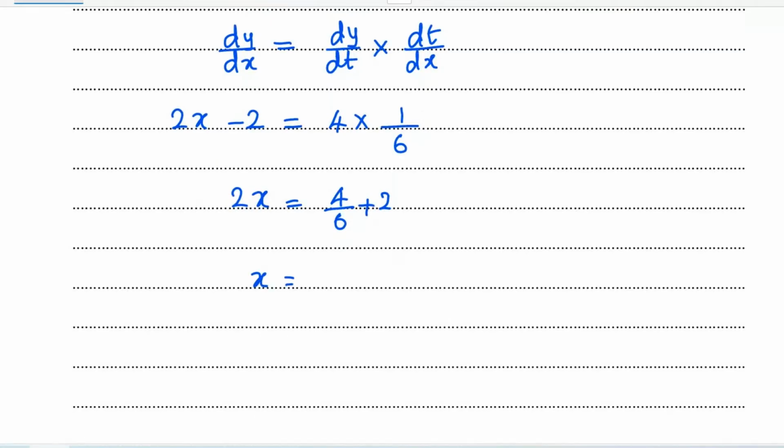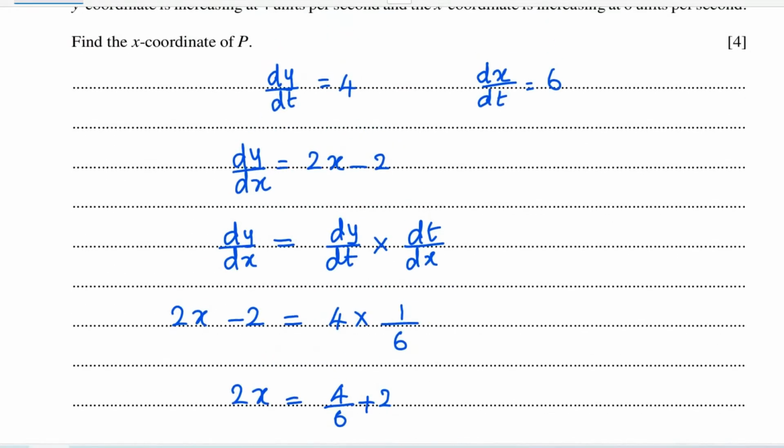So x equal to 1 over 2 multiplied by 4 over 6 plus 2. You will get x value as 4 over 3. So this is the x coordinate of P.